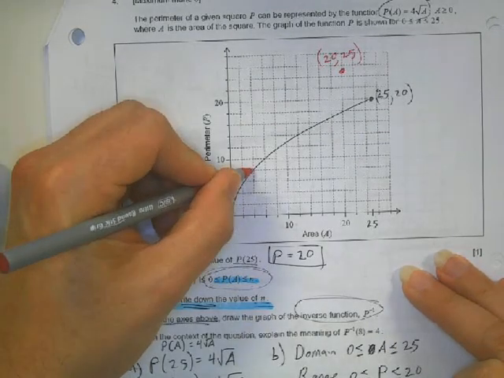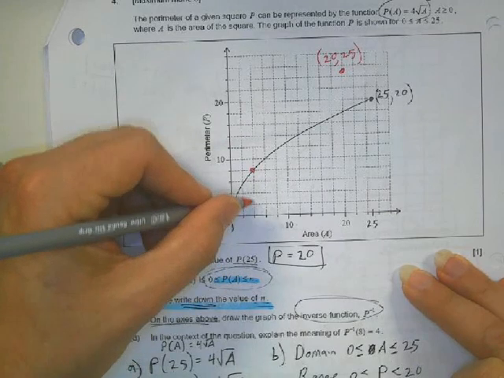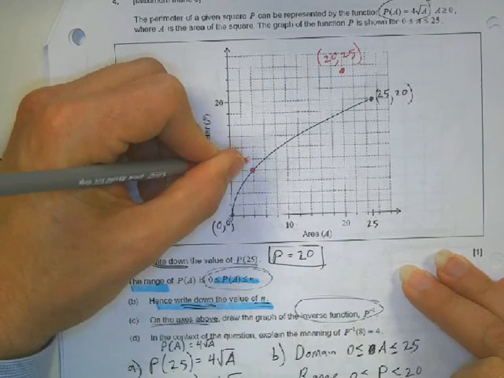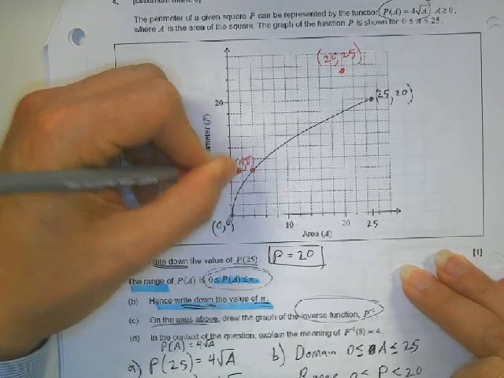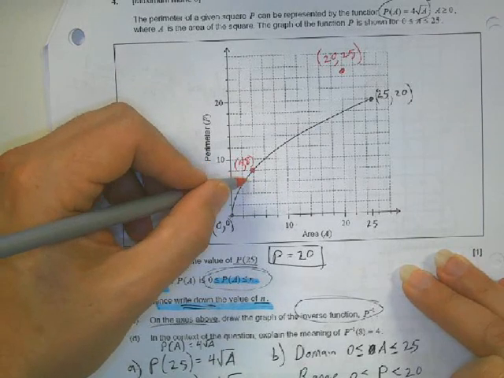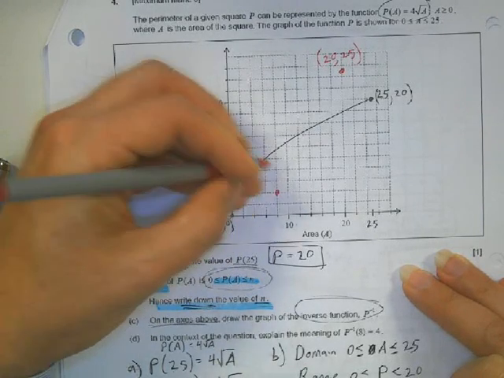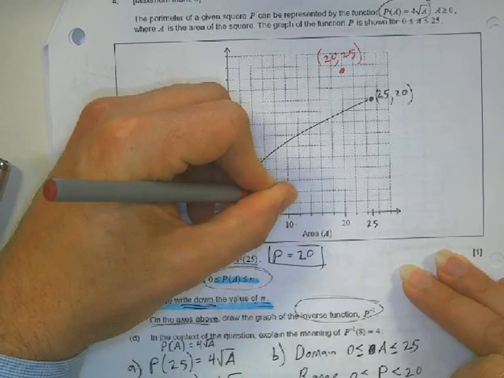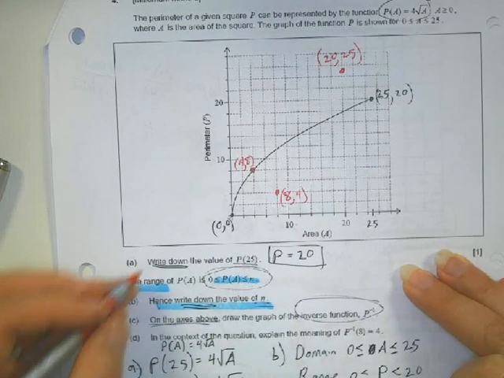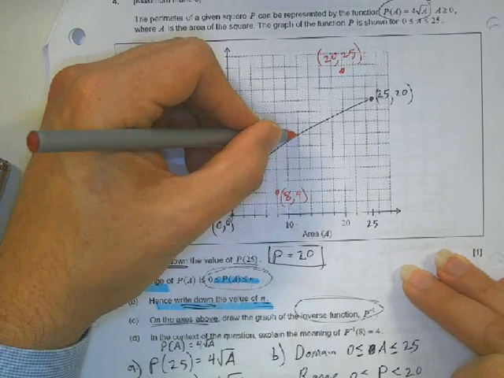This right here on our original graph looks like 4, comma 8. So the inverse of this is going to be 8, comma 4. Let's find another point that's clear on this graph right there.